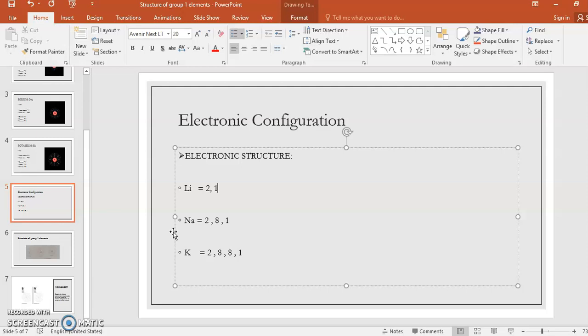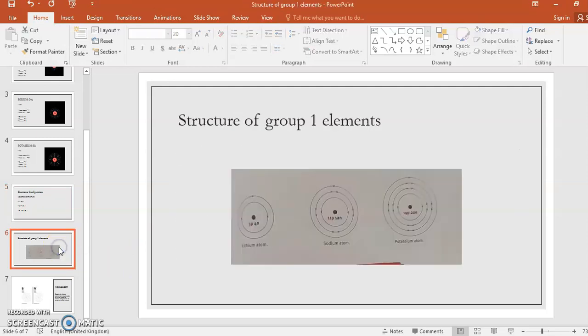Like this, if we proceed in the periodic table, you will see in group 2, the outermost orbit will have 2 electrons. Then as we proceed 3, 4, like this, there is a correlation or a pattern, and this will help you in learning the electronic configuration. Okay. Now let's come to the structure also.